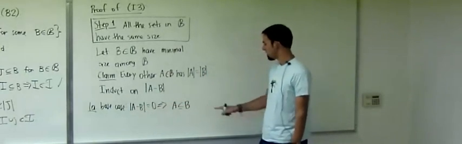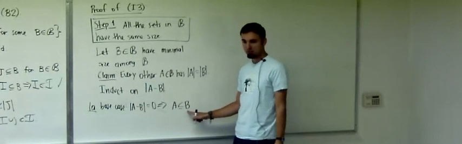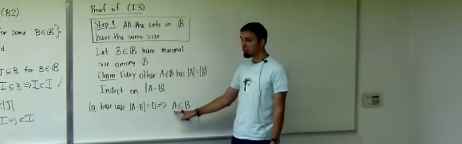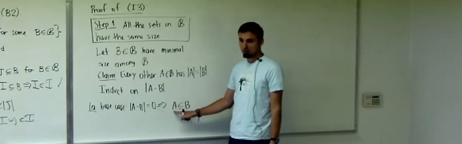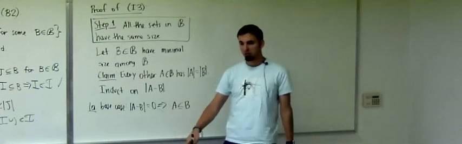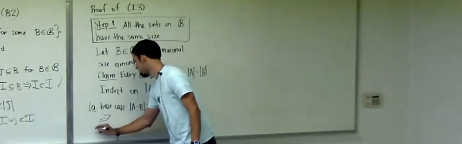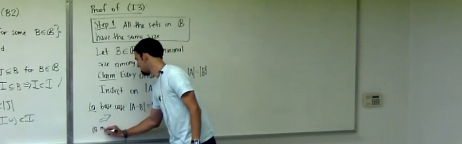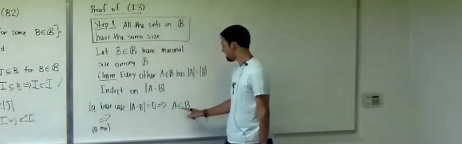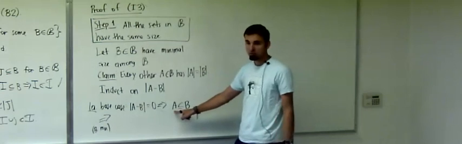Well, B is of minimal size, and A is inside it, so A can't be strictly smaller. Therefore, because B is minimal, that means that A has to equal B. It can't be smaller.